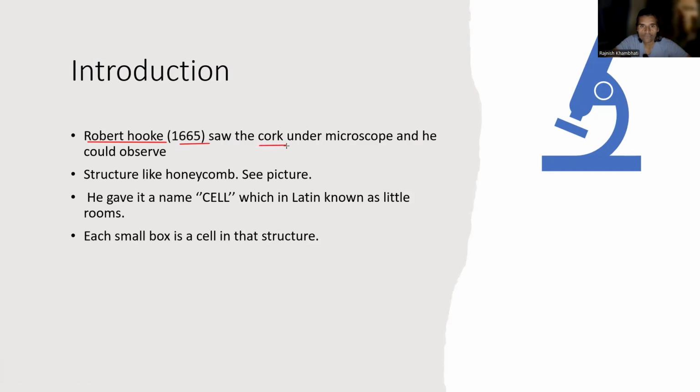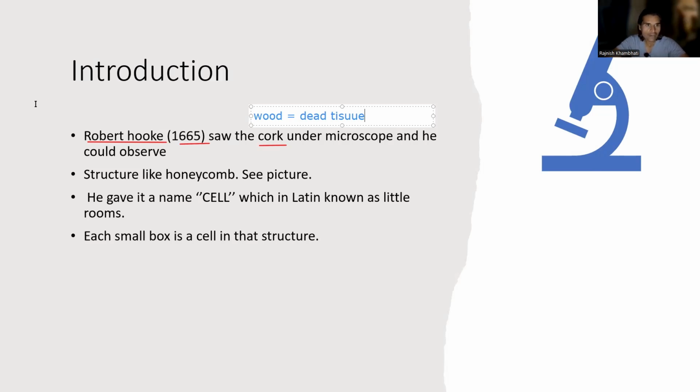Now, what do you mean by cork? Cork means wood, and wood means dead tissue. So basically, Robert Hooke in 1665 observed dead tissue, the cork, under the microscope, and he could see a structure looking like a honeycomb.